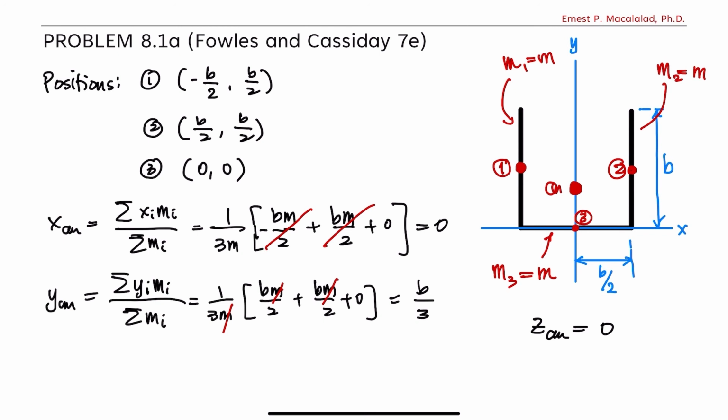The center of mass of this thin wire bent into the form of a three-sided block shape U with each segment of equal length b is found at x equal to 0, y equal to b over 3, and z equal to 0 if we set this wire to be on the xy plane.